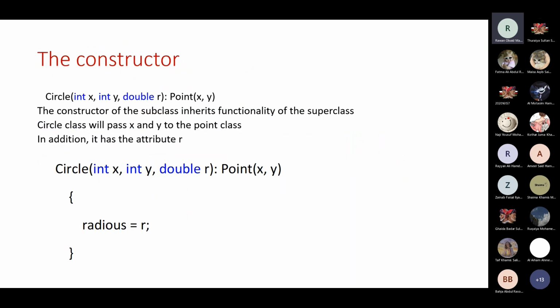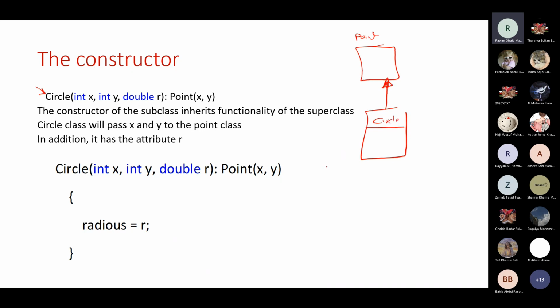The constructor. This is again a very important thing. The constructor of the subclass of the circle. See, I have here point, and I have a circle that inherits from point.